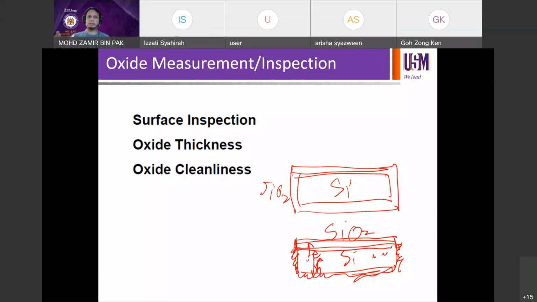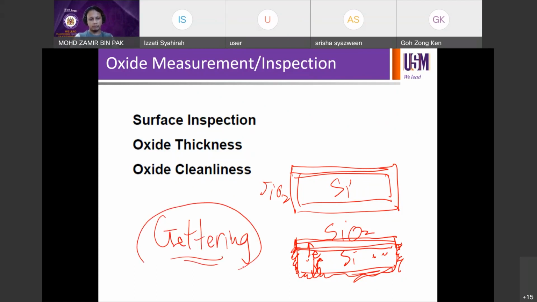But for this MOSFET, our active layer, active device, active region is at the top. So that's why we can use other areas at the back or at the side for gettering. Remember last time we talked about gettering, to collect all the defects, which will then be removed. Because we have non-active areas outside of the front region.